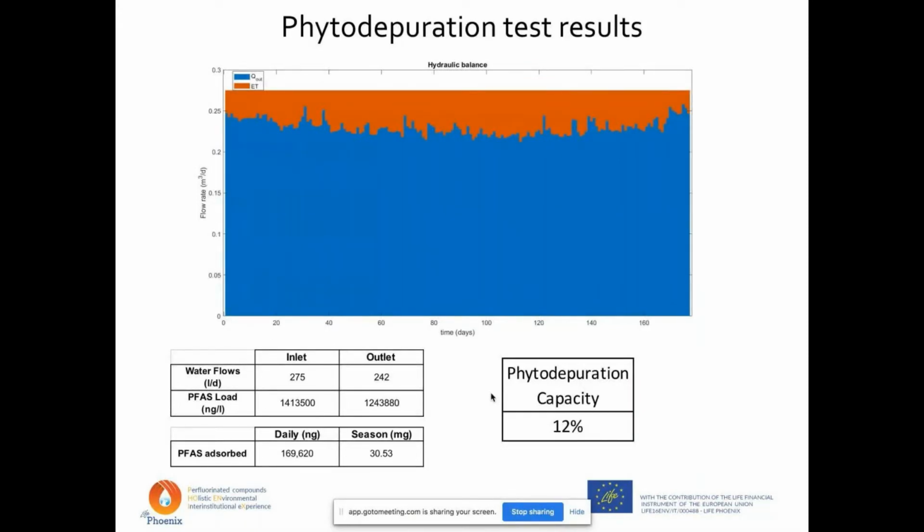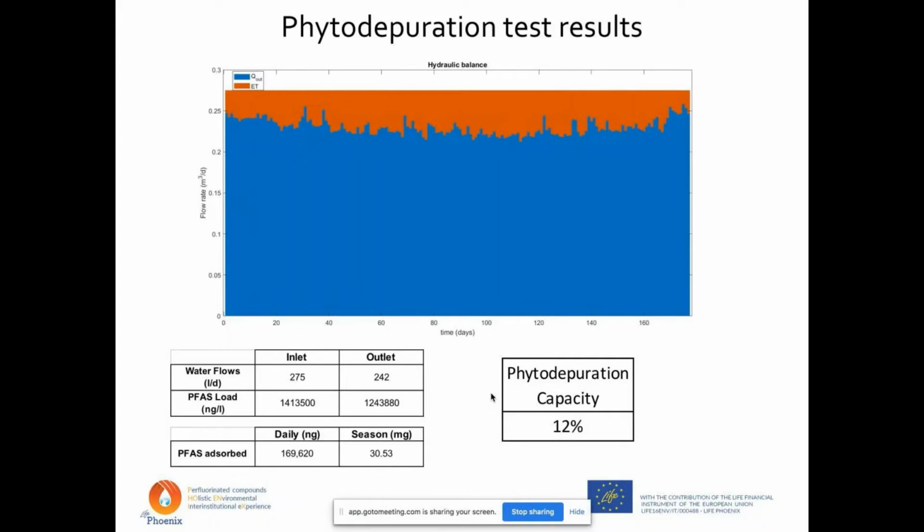The PFAS absorbed daily by our system is 169 nanograms each day. So for one growing season, the system is able to store within the pilot wetland system 30 milligrams each year. We have to consider that this is a 3 cubic meter pilot wetland system.